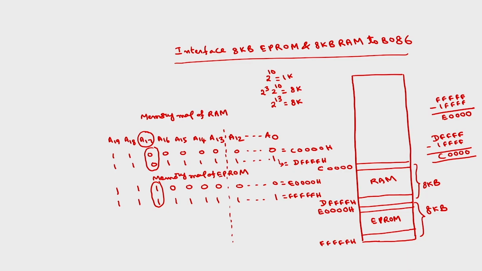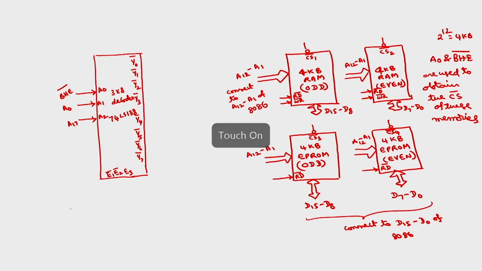So I can use A18 and A19, both ones, to generate 0. You can pass them through the NAND gate, and if you pass that through the NOT gate, this becomes 1. This is A18, A19.